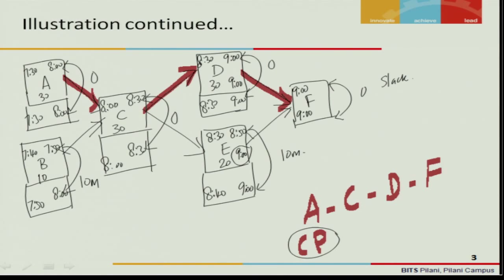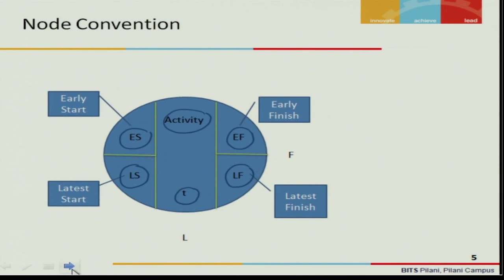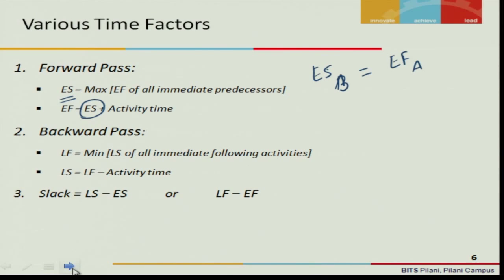And this is 8 plus 30 minutes, 8:30. So this is the early start, early finish, right? How did you arrive at the early start and early finish? You have used this formula there in the forward pass.